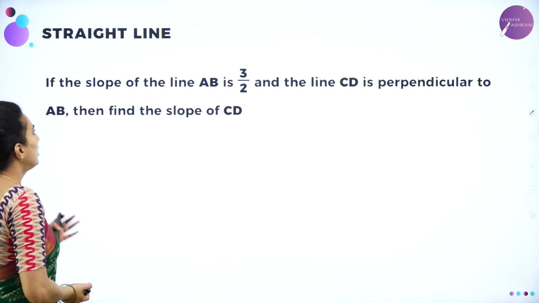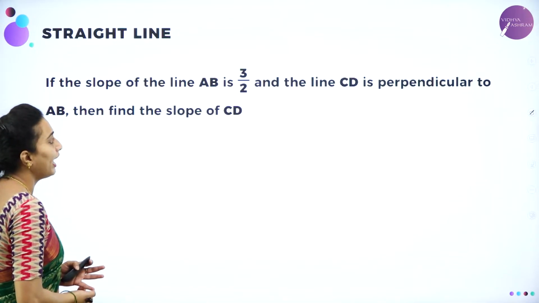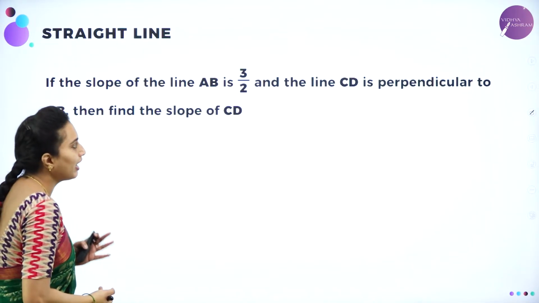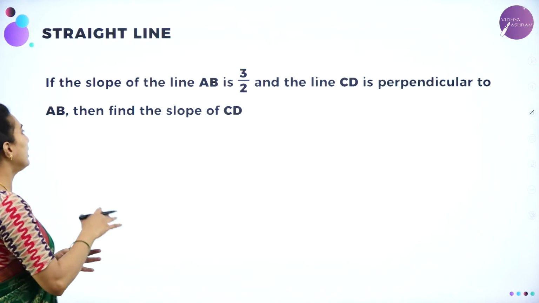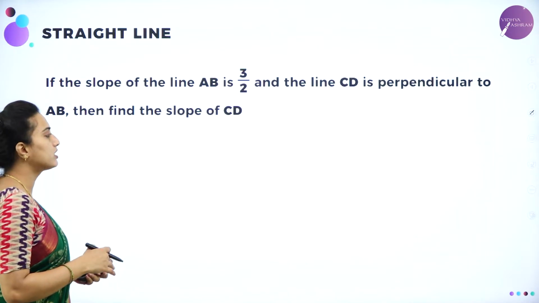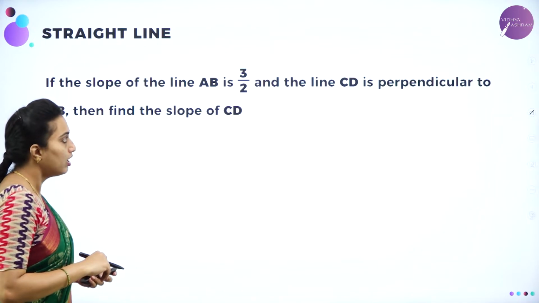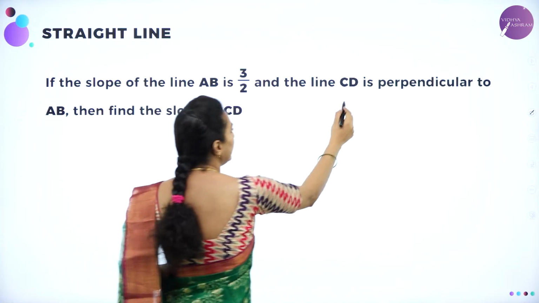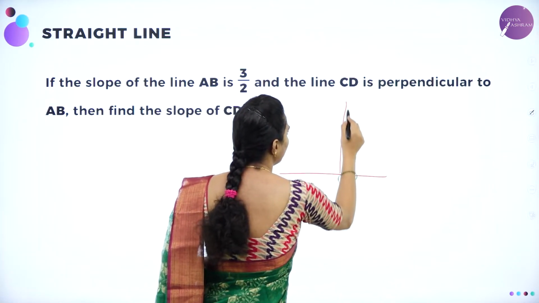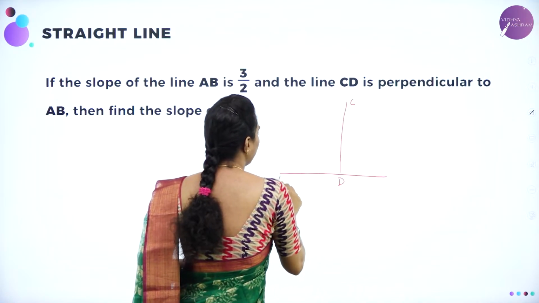What they've asked: if the slope of a line AB is 3 by 2 and the line CD is perpendicular to AB, then find the slope of CD. They have given line CD is perpendicular to AB. This is CD, AB.